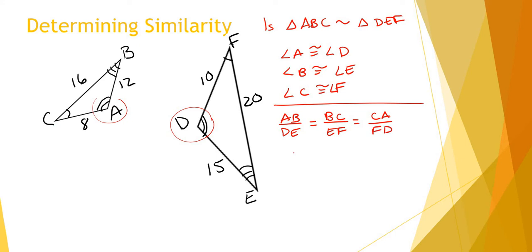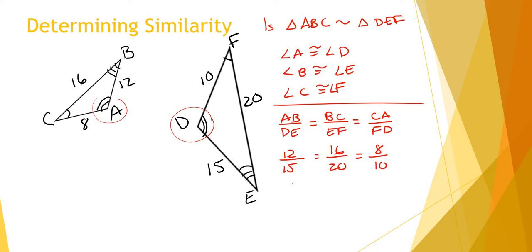So AB is 12, DE is 15, BC is 16, EF is 20, CA is 8, FD is 10. Are these ratios equivalent?